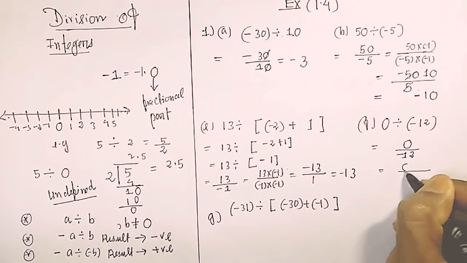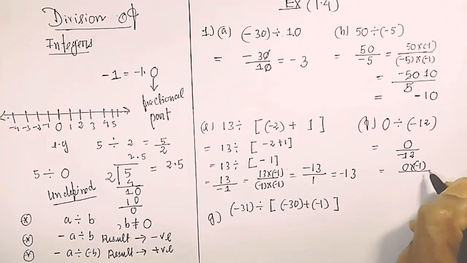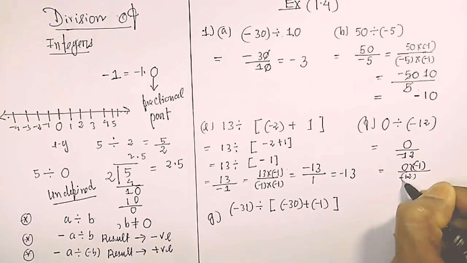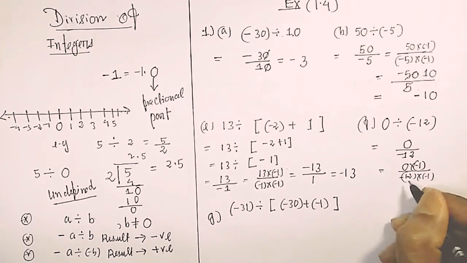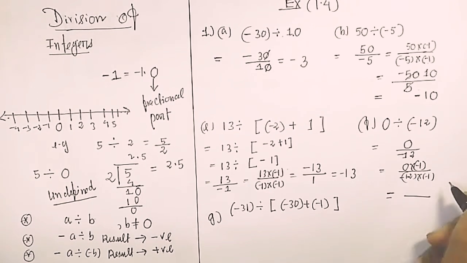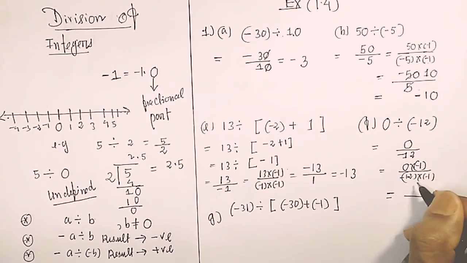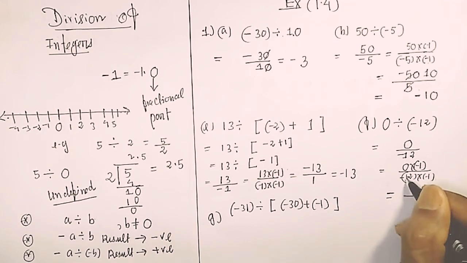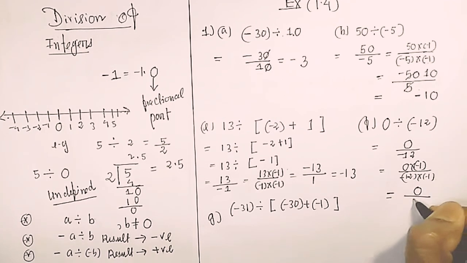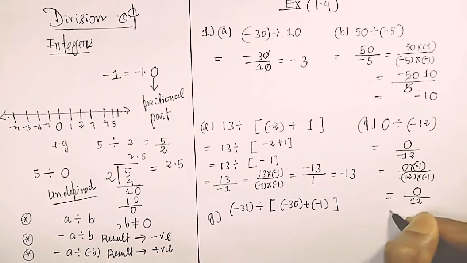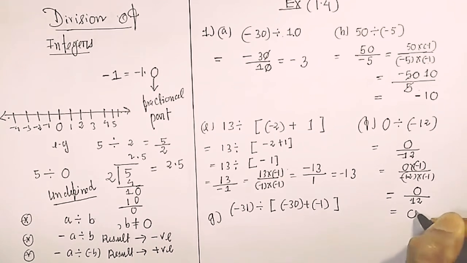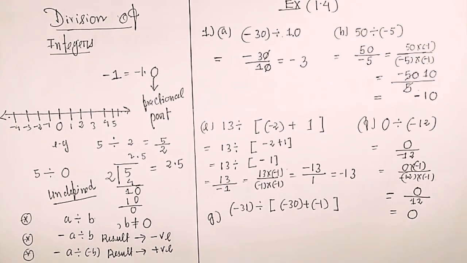So it's 0 into minus 1, minus 12 into minus 1. 0 into minus 1 is 0, and minus 12 into minus 1 is 12. So 0 divided by 12, the answer is 0. When you divide 0 by any number, the result is always 0.